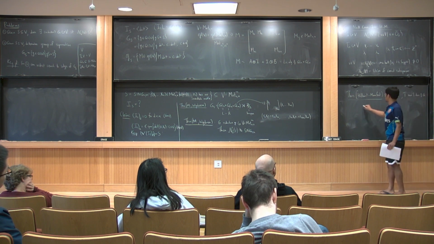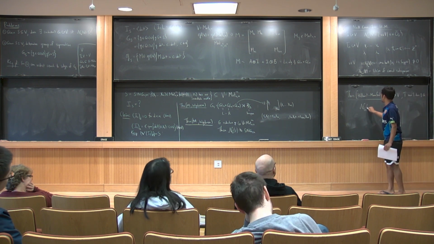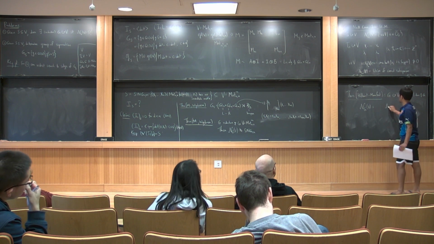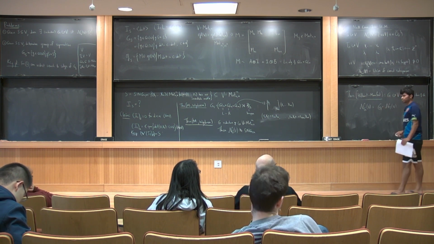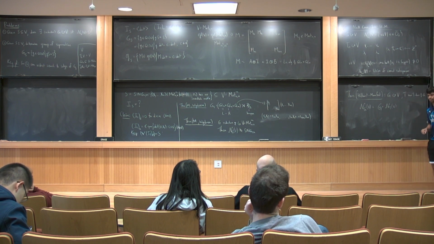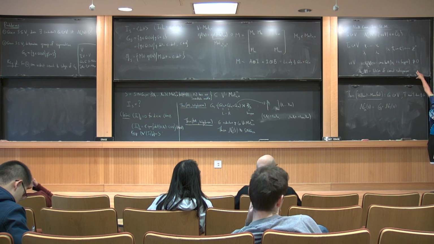Then if you want to understand the null cone for the group action, it's enough to understand the null cone for the torus action and move it around by the group. So between this and this, you have some understanding of the null cones.